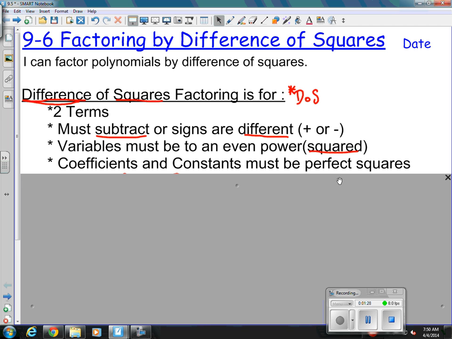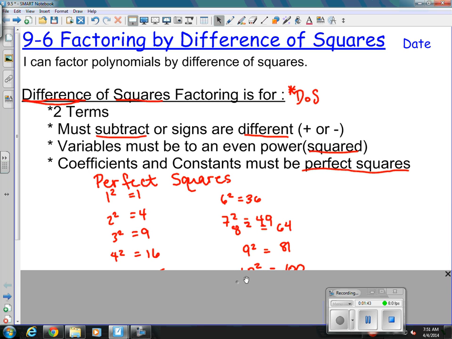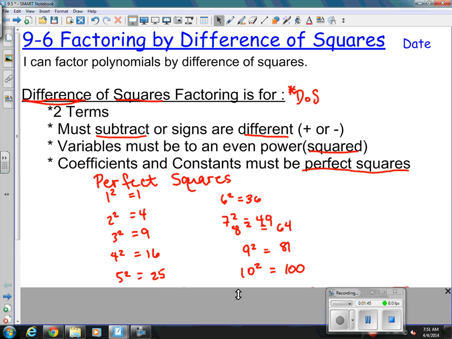Now, we're going to make a perfect square list for those of us who aren't sure what perfect squares mean. That way we can see them. So, our perfect squares. Basically, it's just that number squared.